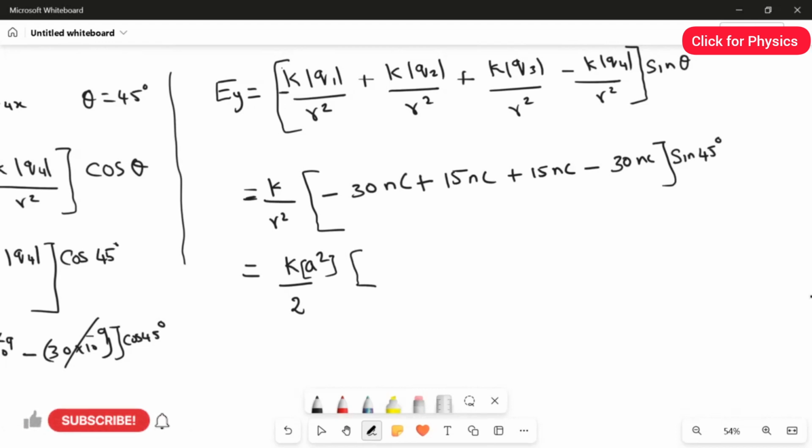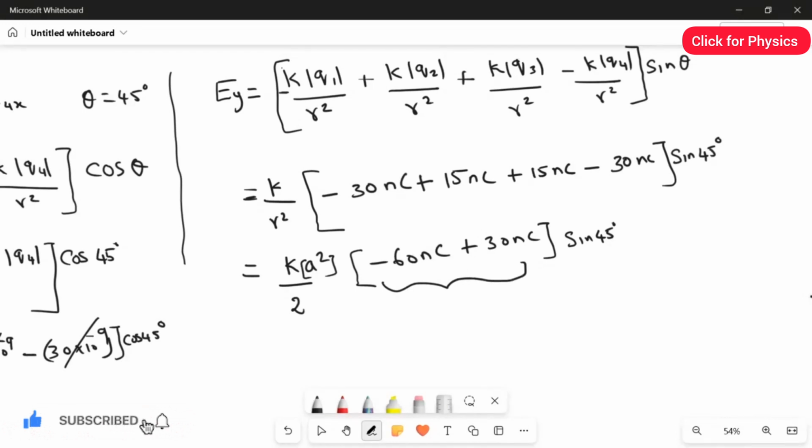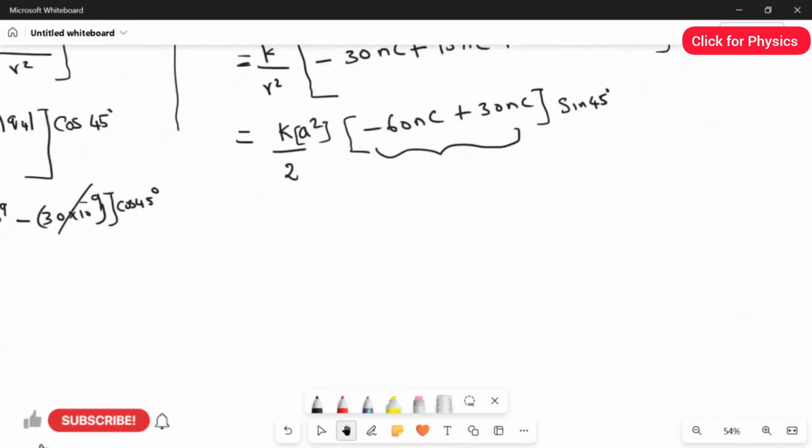And inside the bracket, minus 60 nanocoulomb plus 30 nanocoulomb multiplied by sine of 45 degree. Now the value of A is already known, but first of all we will simplify this part. So minus 30 plus minus 60 plus 30. What's the value? Minus 30 nanocoulomb.